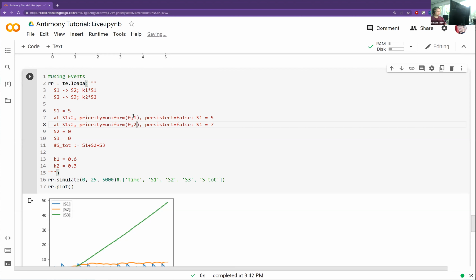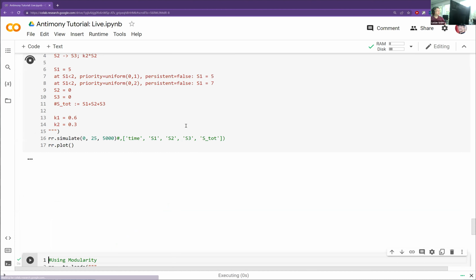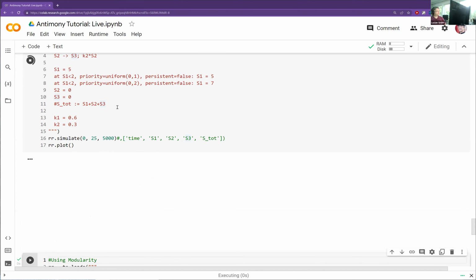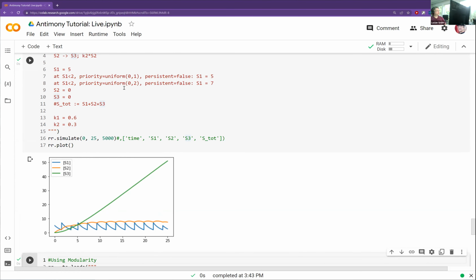And the other half of the time it'll be in that same range. So the overall ratio should be 3 to 1, or so 25% of the time it should set it to 5, and 75% of the time it should set it to 7. I don't know if we'll be able to see that with these small numbers, but in general, you see it setting to 7 a lot more here. We'll run it a few times. Yeah. So this one now has a higher priority more often than the other one.